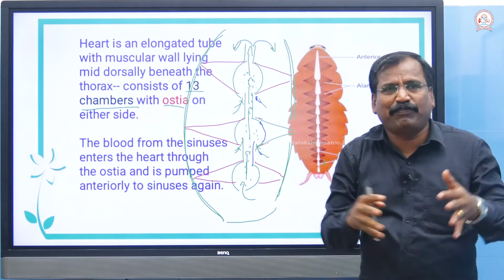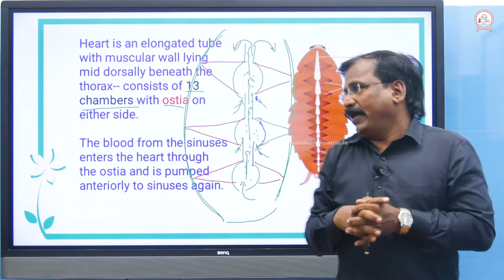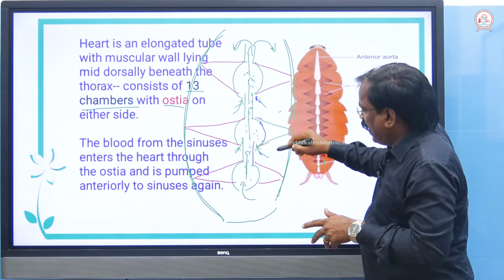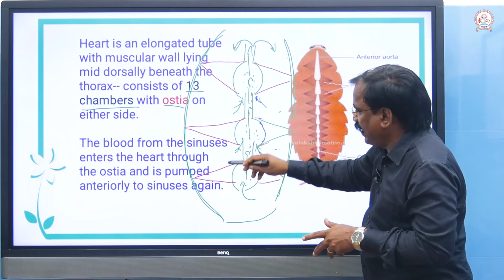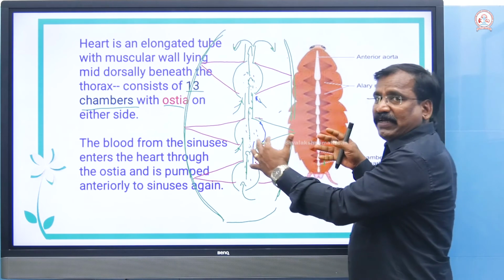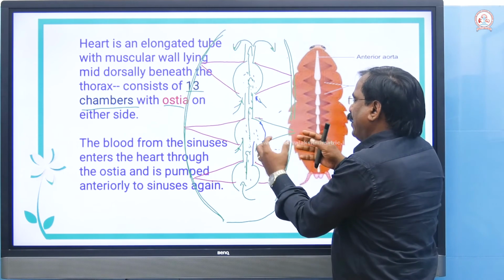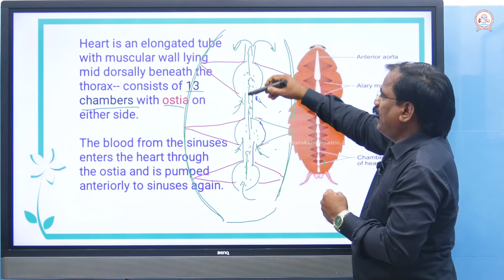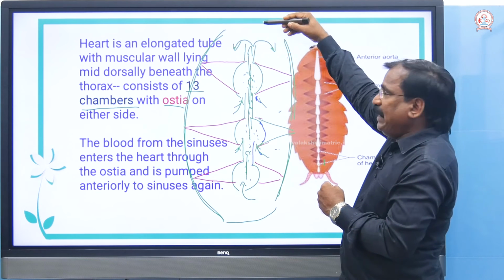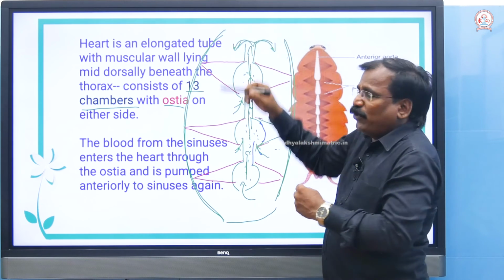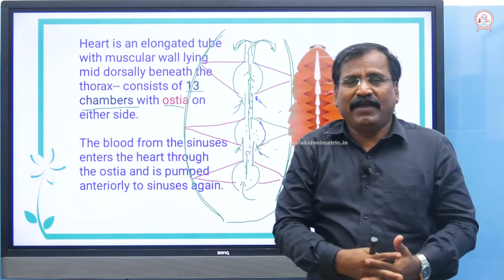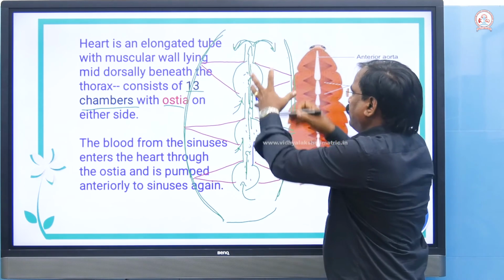Sinus na that space between the tissues. Okay, so from here the blood collected from the sinuses, from the posterior region, and at the time of the contraction of the alari muscles it is pushed and body fluid is moved towards the anterior, and through the anterior end once again drains into the sinuses.